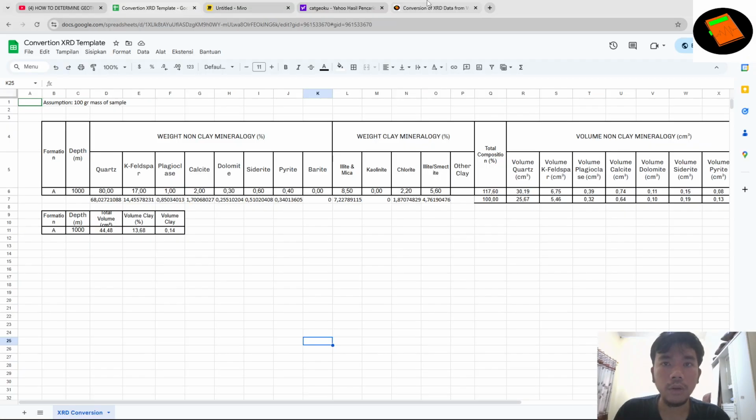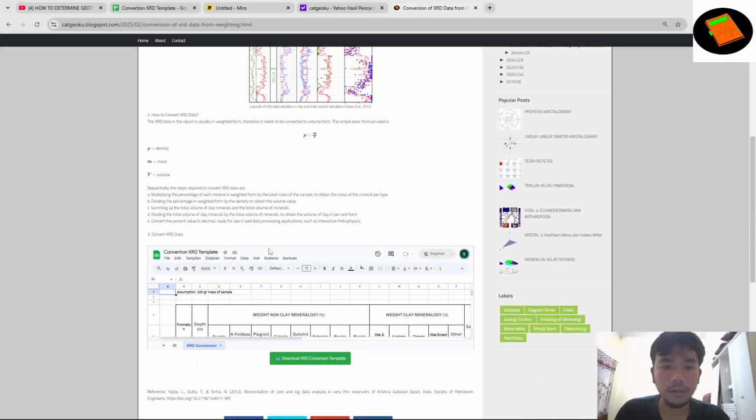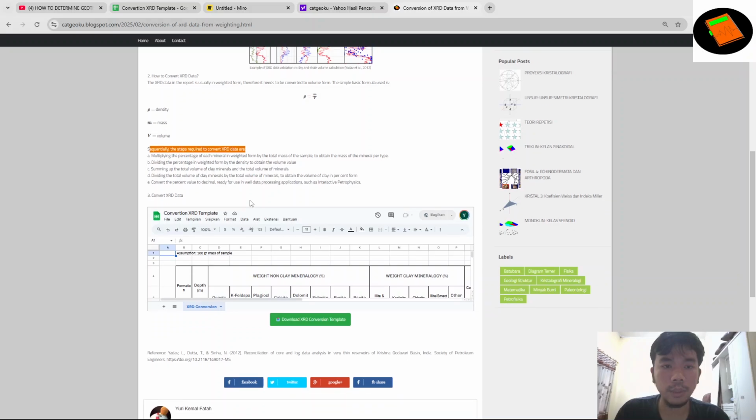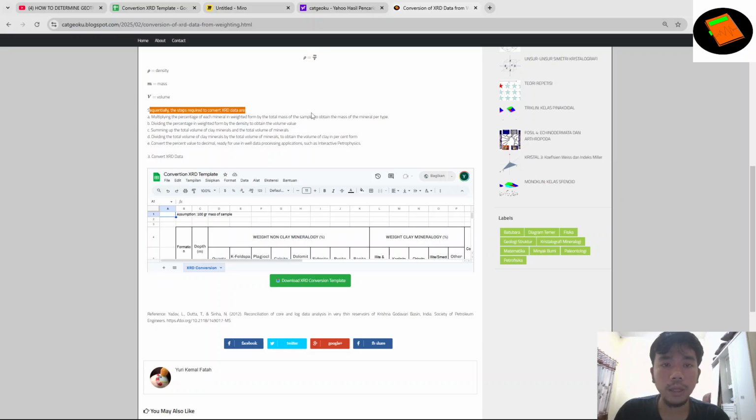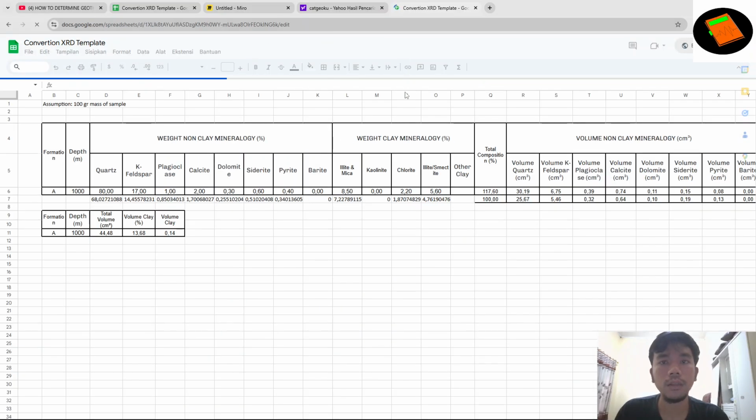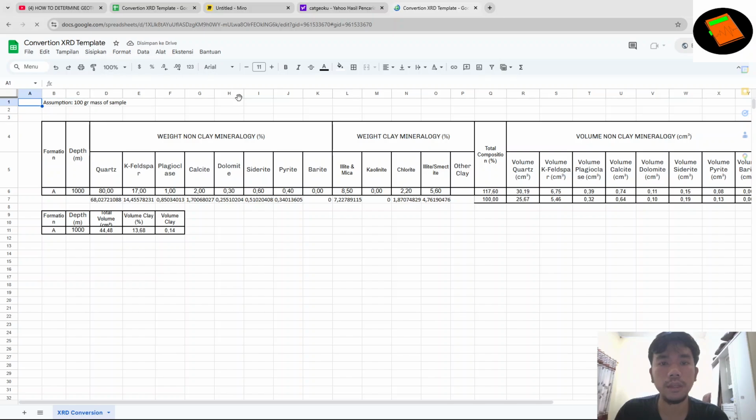Back to our post. You can see this is the step that we will use to calculate our final volume of clay. You can download our template by clicking this button, and you will go to this link.